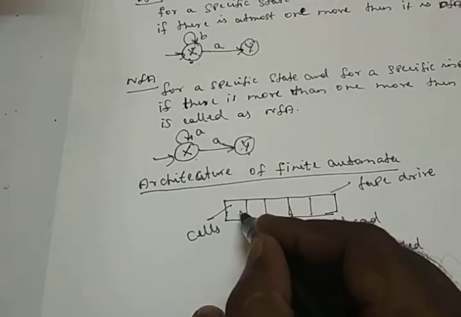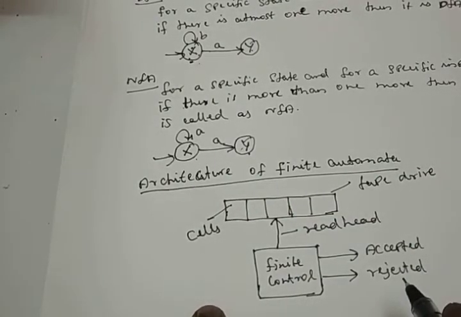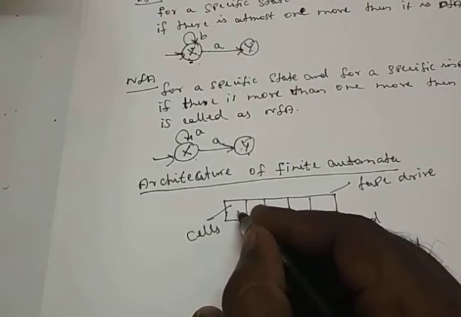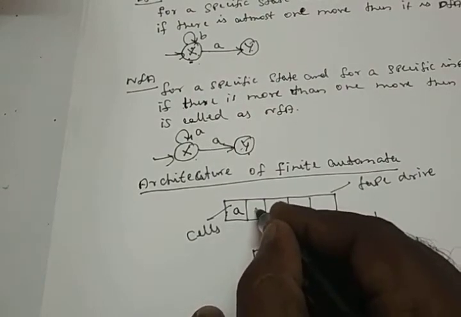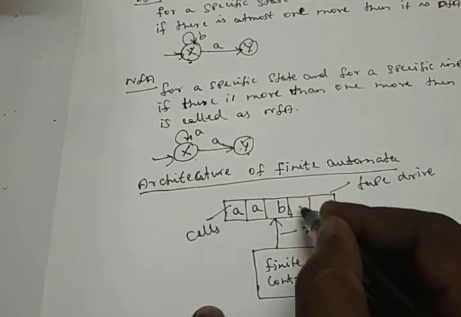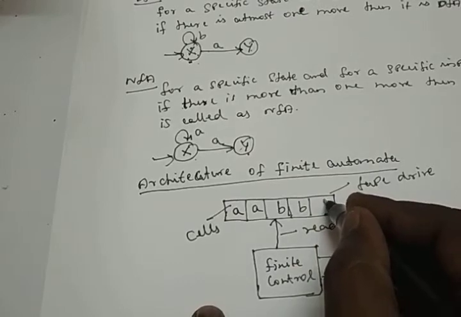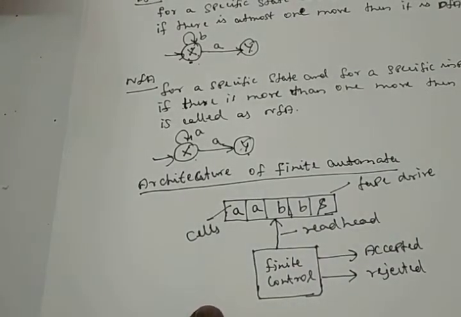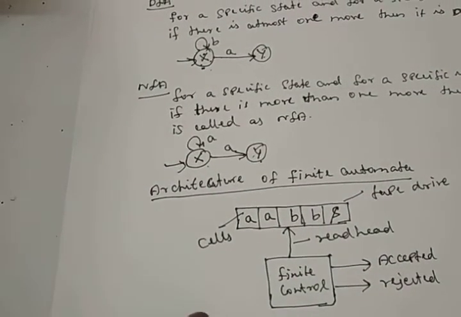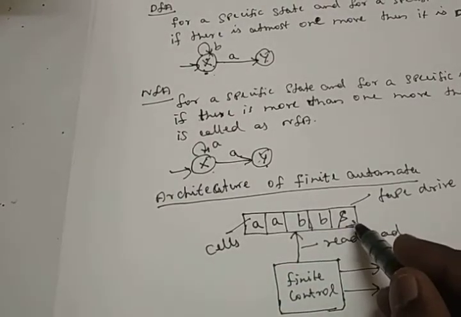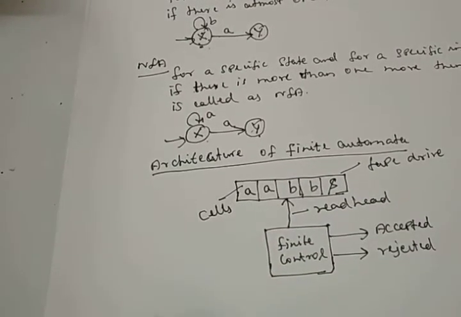A cell is capable of holding only one symbol at a time. Say for example, I have symbols A and B, and then this dollar is called the end of the string. The dollar is used as a delimiter to find the end of the string.